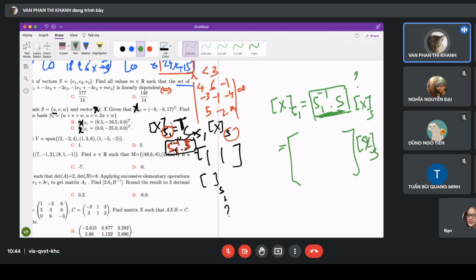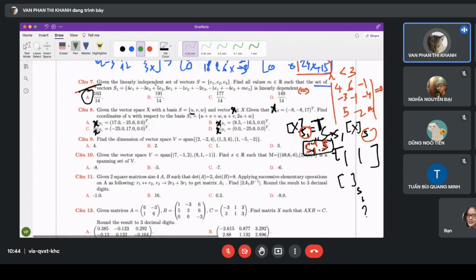And here you represent the bases S and S1 with respect to S, because here S is E1, E2, E3, right? So for the matrix S, you take the coefficients of these vectors, 4, minus 3, 5.